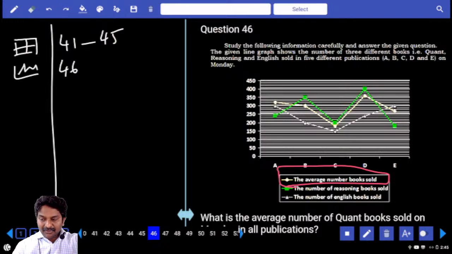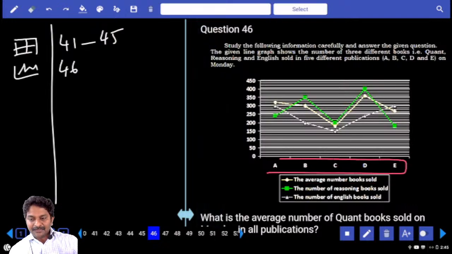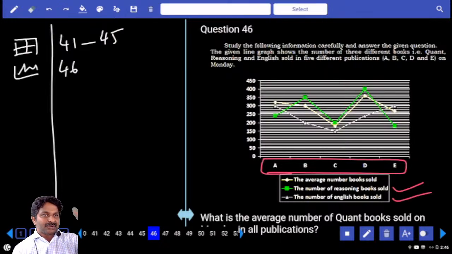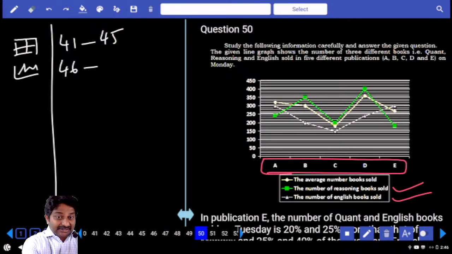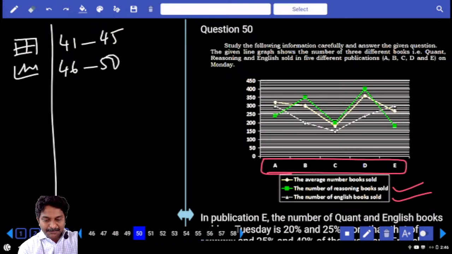We also have reasoning and then English. From the total, if you subtract those two, you will get quant. Compared to previous thing, this is so simple. And moreover, how many shops are there? 5 shops. Reasoning and English direct values are there. If we subtract these two from the total, we can fill the quant table. So this is simple compared with previous one.